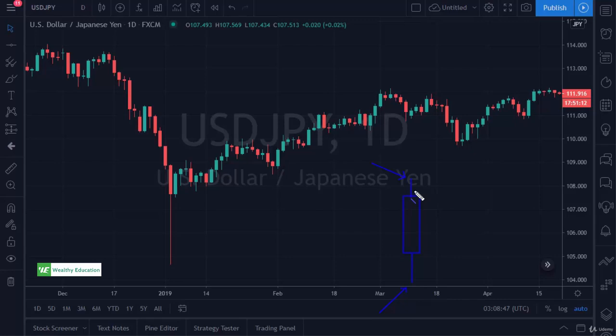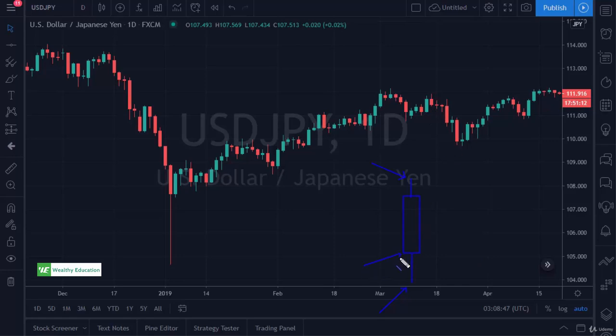So the question is, what does this body represent? Well, the body represents the opening price and the closing price. How do you know which one is which? Well, you have to use a little common sense here. If it is a green candlestick or a white candlestick, you know that it is a positive candlestick, so it had to have closed at a higher price than it opened.